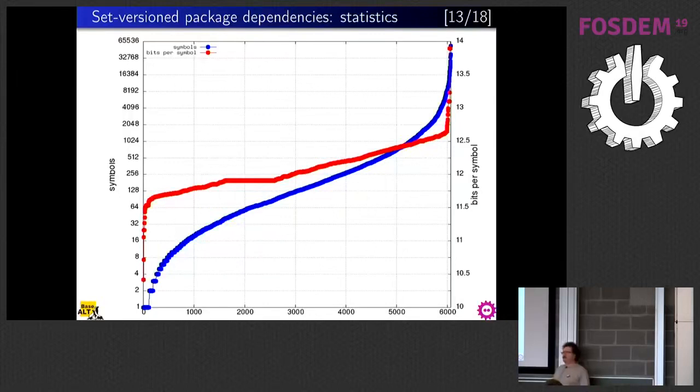So it's more than the theoretical minimum, but yet it's much less than you can get using Bloom filters. Also, on this picture you can see that most libraries are actually not very big. Like half of these libraries have less than 130 provided functions and variables.